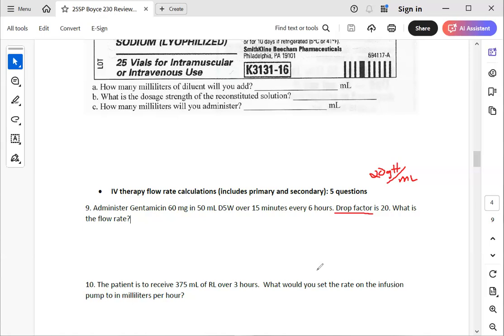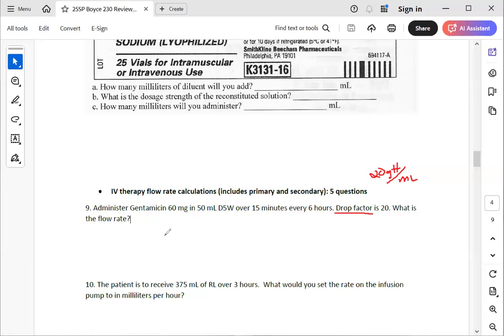That's why I was saying, back at the beginning of the review, when I mentioned that 1 teaspoon was 1 milliliter was 60 drops, that's only true for that particular type of tubing, which is considered micro tubing. All right, so you need to know that.